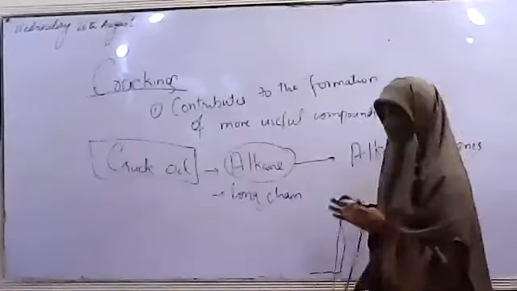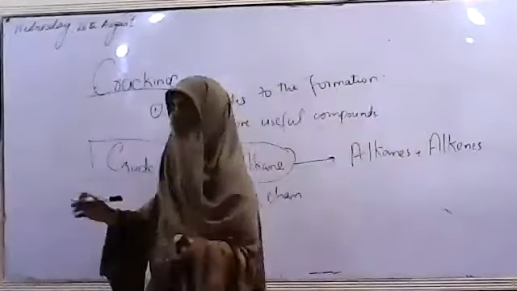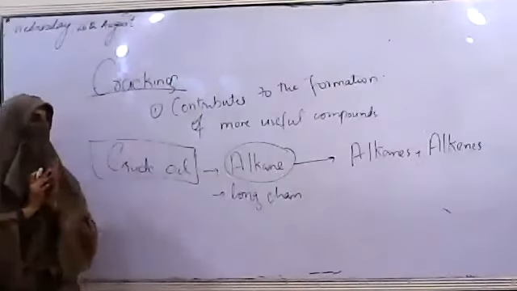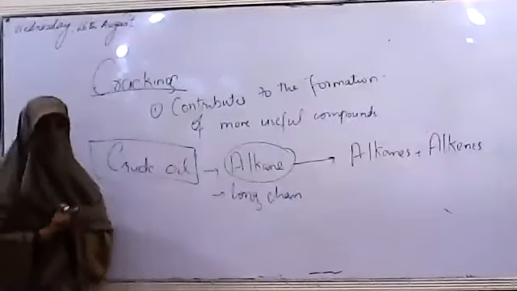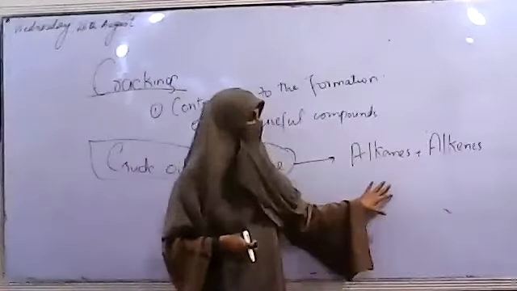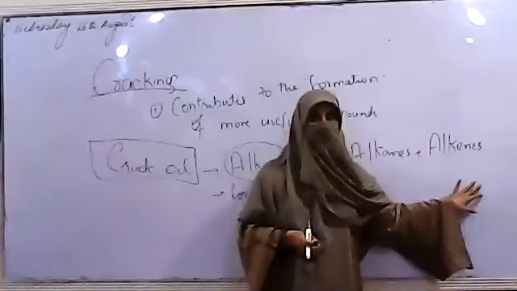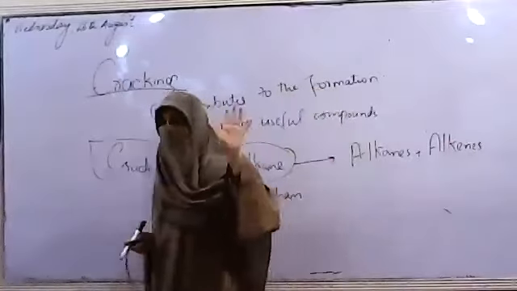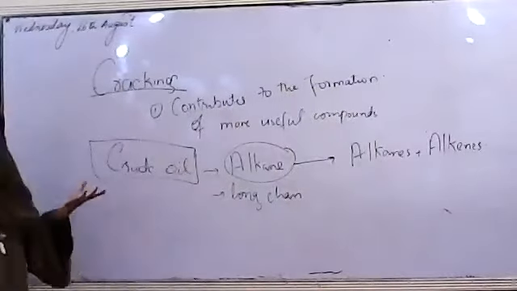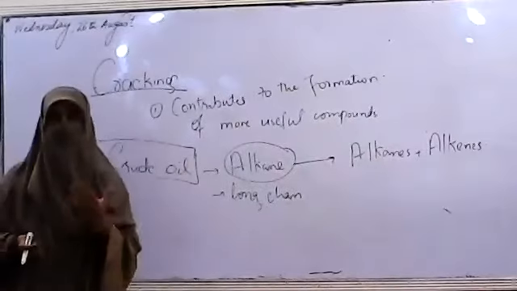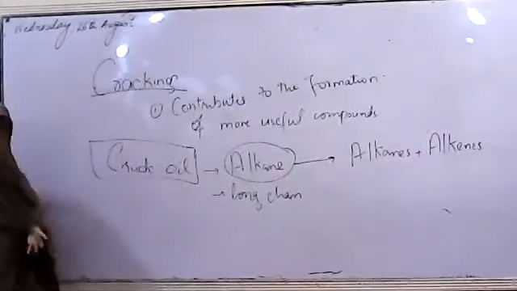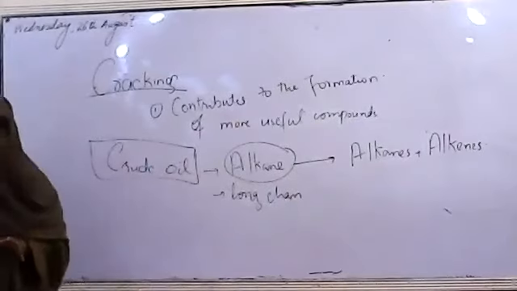We take longer chain alkanes and crack them at certain positions and the required products are obtained, and those products are short chain alkanes and short chain alkenes as well. When these are produced, they make the crude oil much more useful to be used in the industry and as a raw material in different chemical reactions and processes.